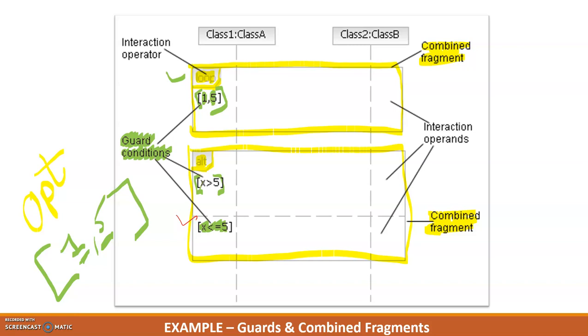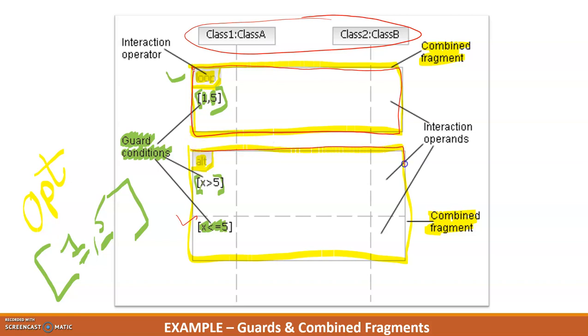A combined fragment can cover multiple classes. Multiple classes means multiple objects. Like I want to start it from here and I am repeating this with class 2. The same thing. Alternatives are there, but this is the area.